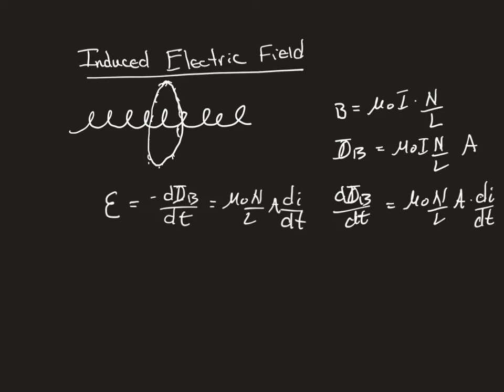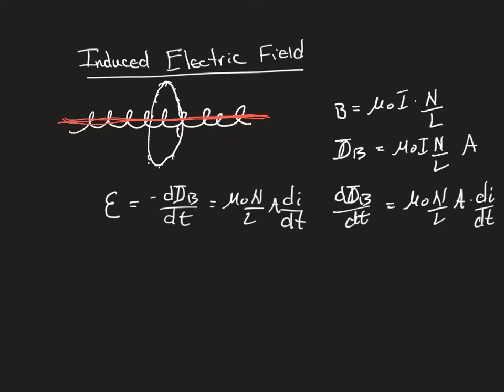But here, the loop is not actually in the magnetic field. Remember, the magnetic field goes through the center of the solenoid. So this is where our magnetic field, at least the intensity of that magnetic field strength, is going to be. So the loop isn't actually in the field.